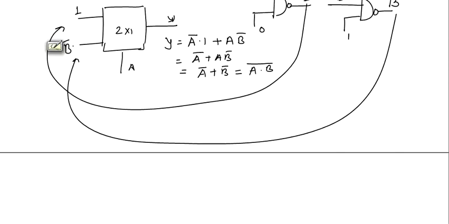In this NAND gate, this input is B bar, not B. So this B bar will have to be generated. This will be generated using a NOT gate. Sorry.